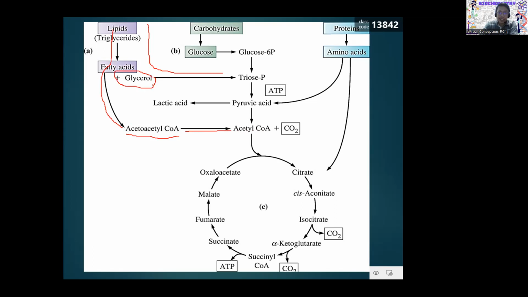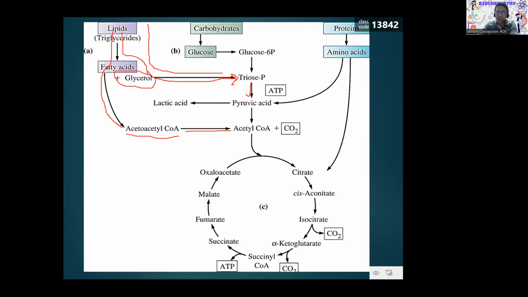The glycerol, again, will not be converted right away to acetyl-CoA. It will take a different path from the fatty acid. From the hydrolysis of triglyceride, glycerol will be converted first into triose phosphate. Then the triose phosphate will be converted to pyruvic acid.